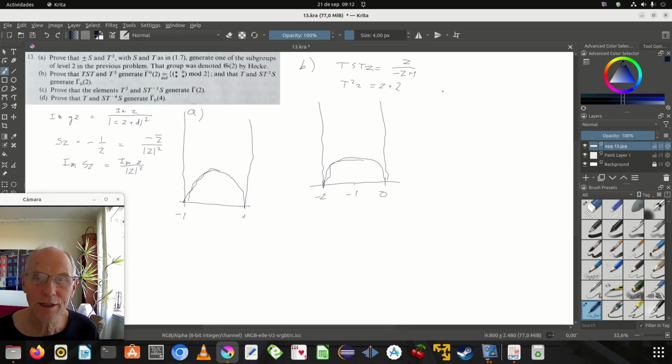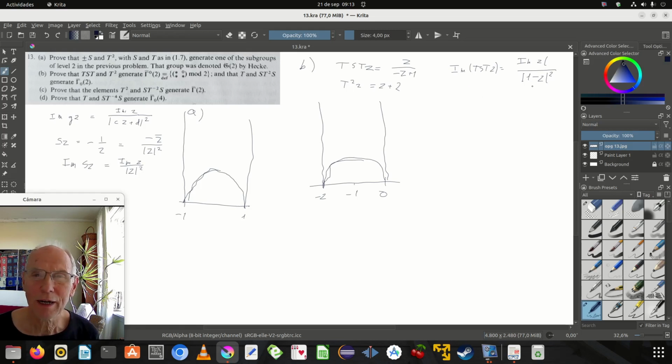What we need is to take the imaginary part of TST applied to Z equals the imaginary part of Z over what I need down here, the norm of 1 minus Z squared, or Z minus 1 squared. The norm of it squared.